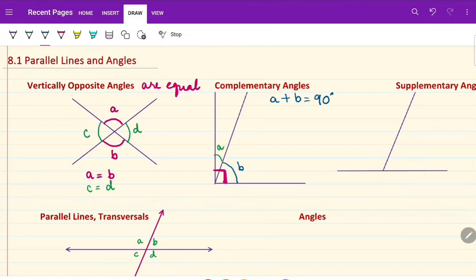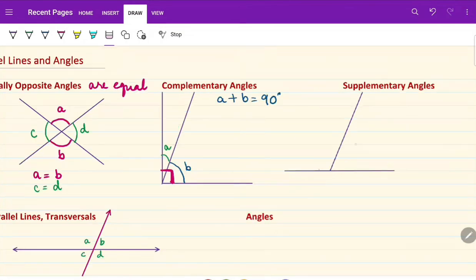It's said that A and B would be complementary angles if they add up to a right angle, or a 90-degree angle. Now, supplementary angles are angles that add up to 180 degrees.